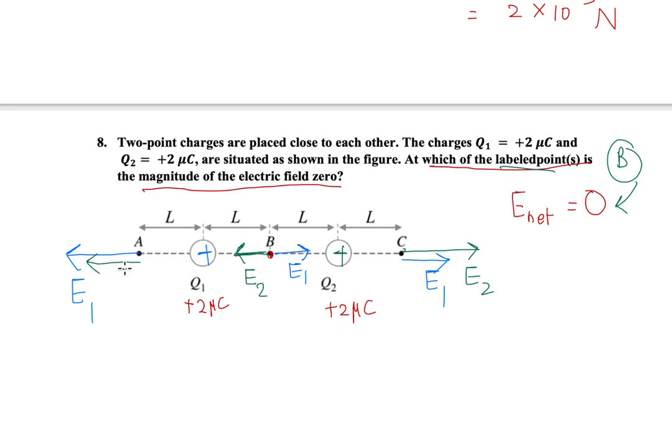That green color arrow which I'm drawing is for E2. So we can see that both electric fields are pointing to the left. They are going to add up because they are in the same direction. They cannot cancel, so A is also not the point. It's only in between the charges that the electric fields will point in opposite directions, one to the right and one to the left. And that's why the electric field at point B will be equal to 0.